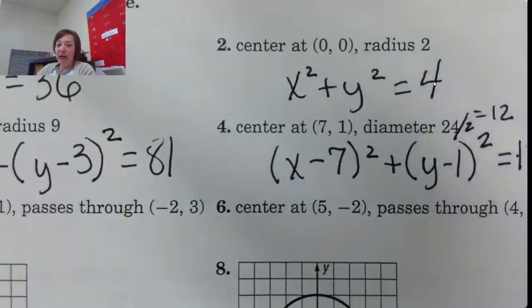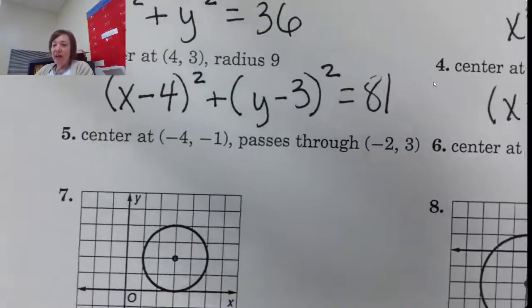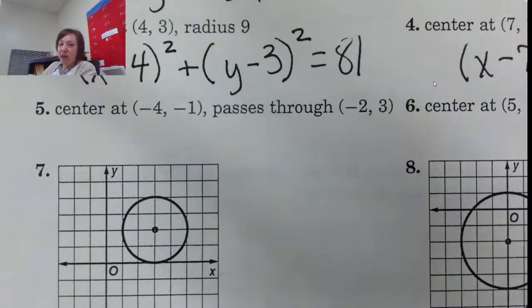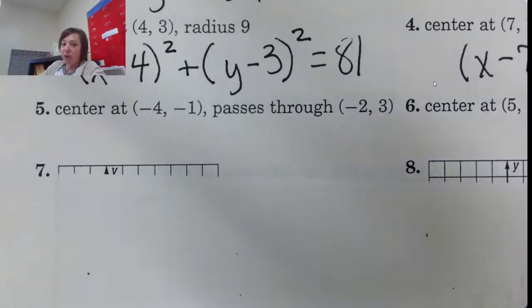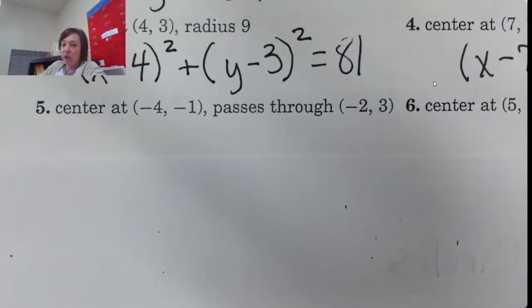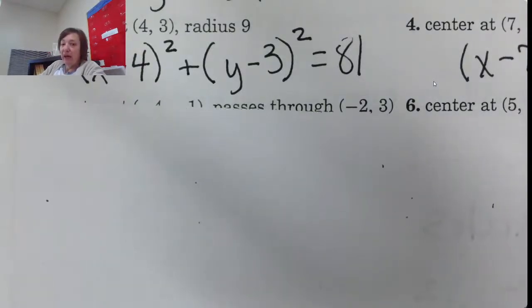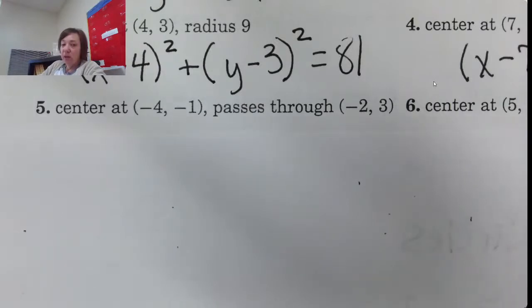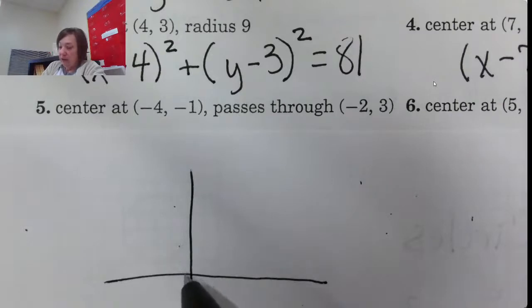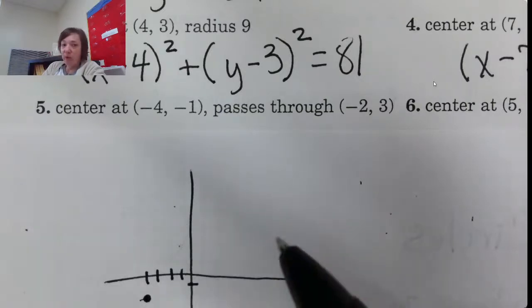Now, look at number 5. So in number 5, they tell us that we have the circle that's at the center, -4, -1, and it passes through -2, 3. So if I sketch this out, right? So I've got -4, -1. That's the center of my circle. I know that's crappy, but y'all get where I'm going with this.